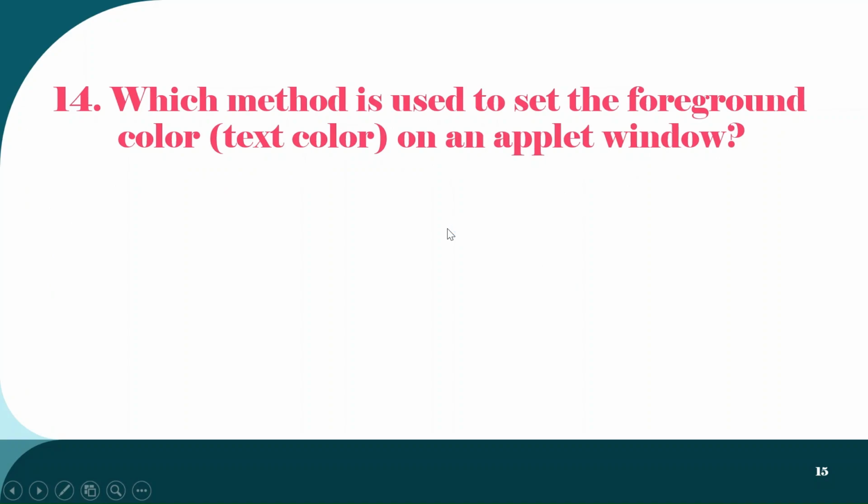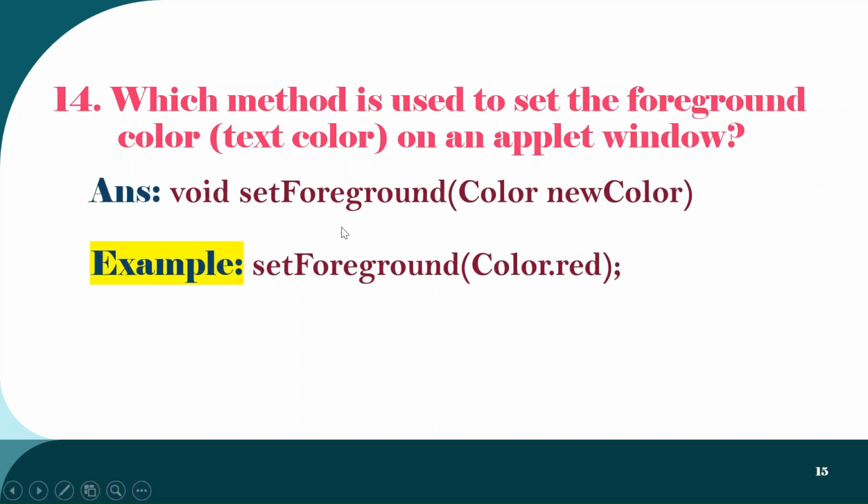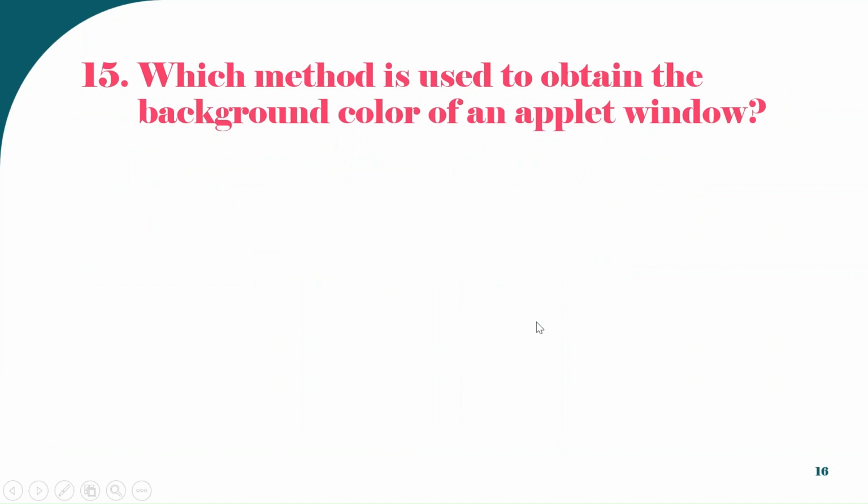Whatever text you project onto the window, the text color is set by using the setForeground method. Here we have void setForeground, and we need to provide the color. This is an example: setForeground(Color.red). So the text whatever you are typing and printing onto the applet window is red.